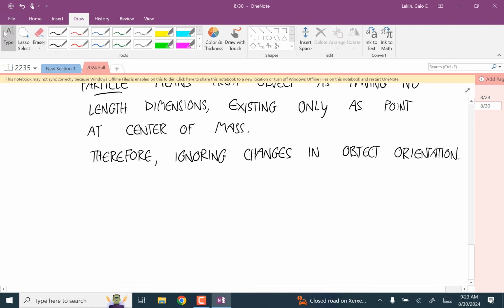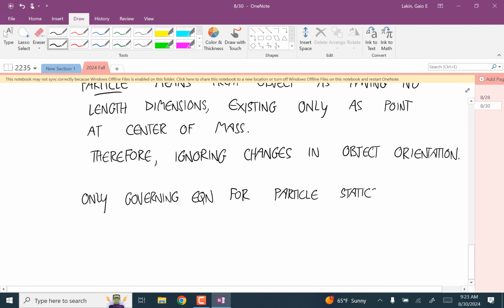Okay, the only governing equation for particle statics is Newton's second law. And it's Newton's second law for zero acceleration.